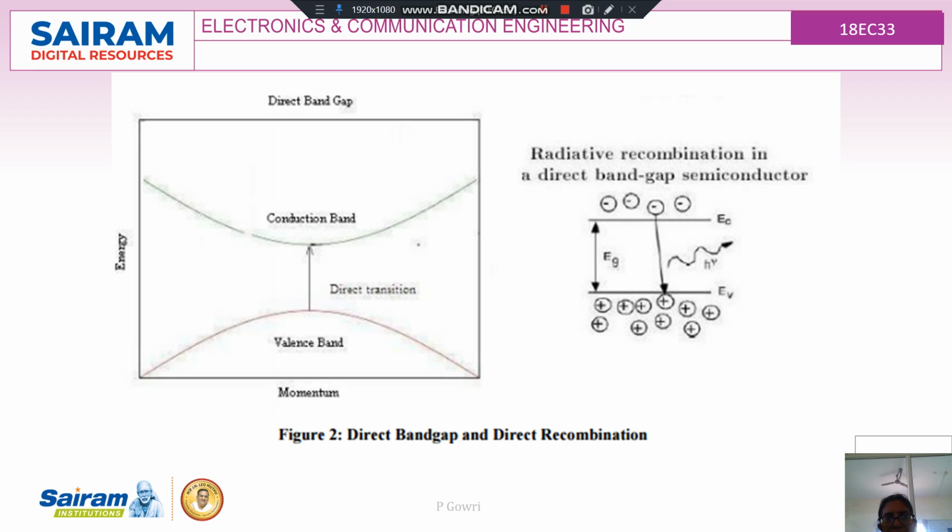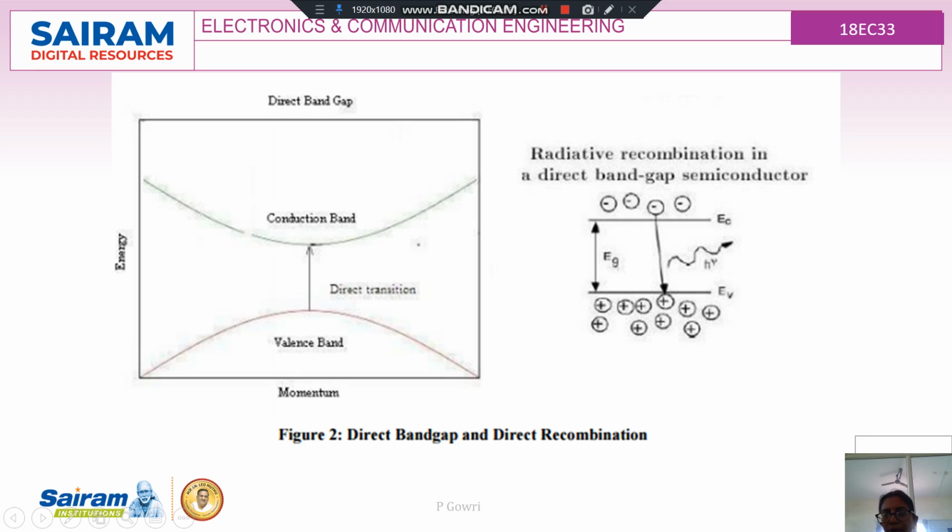In case of direct band gap material, we can see that the electrons from the conduction band can go to the valence band directly with no change, no conservation of momentum, and hence it releases the extra energy in the form of light energy. So that is called h nu.